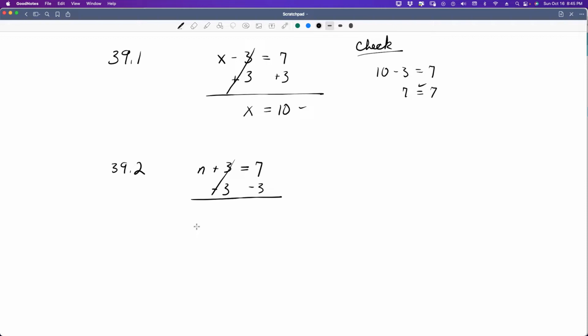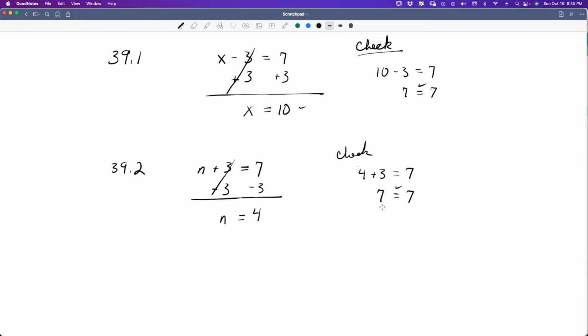So that cancels out, and all that's left over here now is n is equal to, and 7 minus 3 is going to be 4. So I can check my work to make sure that's right and say, for where the n is, I'm going to put the value of 4. 4 plus 3 is equal to 7, and 4 plus 3 is 7, and 7 does equal 7.